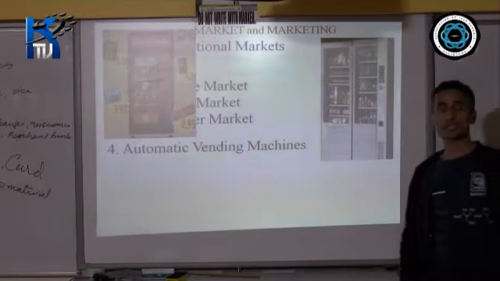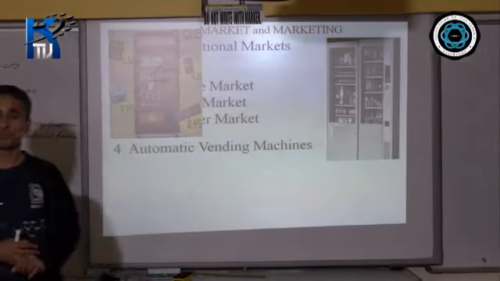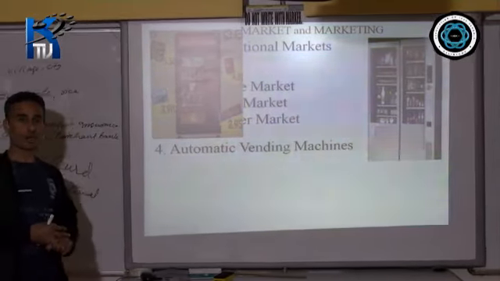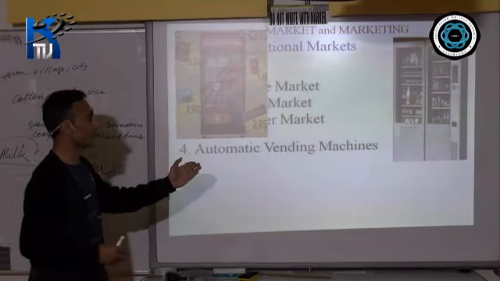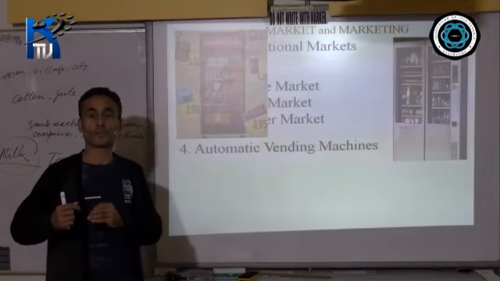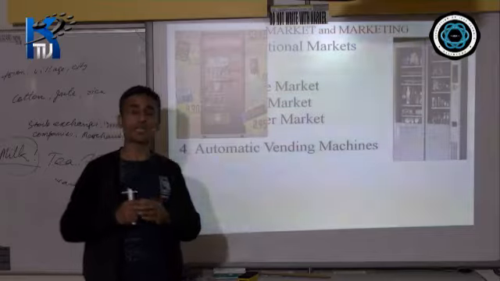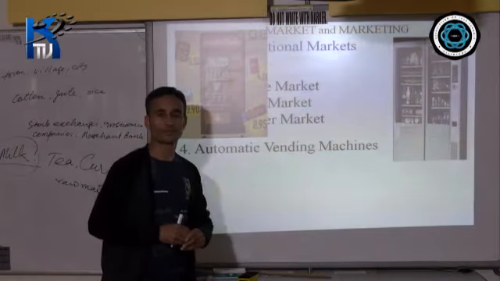These kinds of machines are installed near colleges, schools, busy places in order to sell the product. So see here the ways of establishing contact with the buyer. Contact is being established indirectly through a machine.